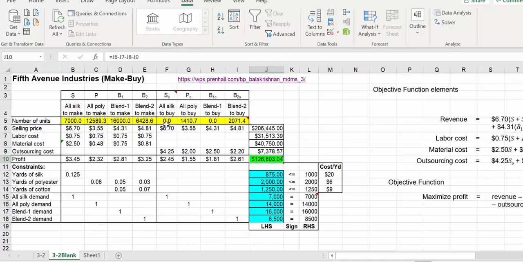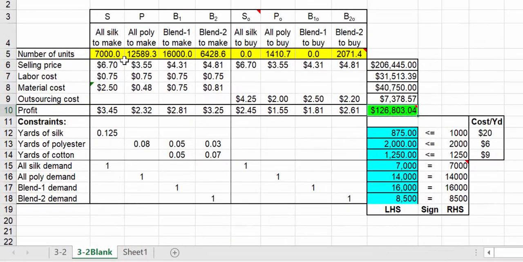Take a look over here in terms of ties. So silk ties, everything was done in-house, nothing was done outsourcing. And the poly, all the polys to make, they made a few, and they did buy some. And as well, it looks like they made some blend twos, and then they bought some as well.